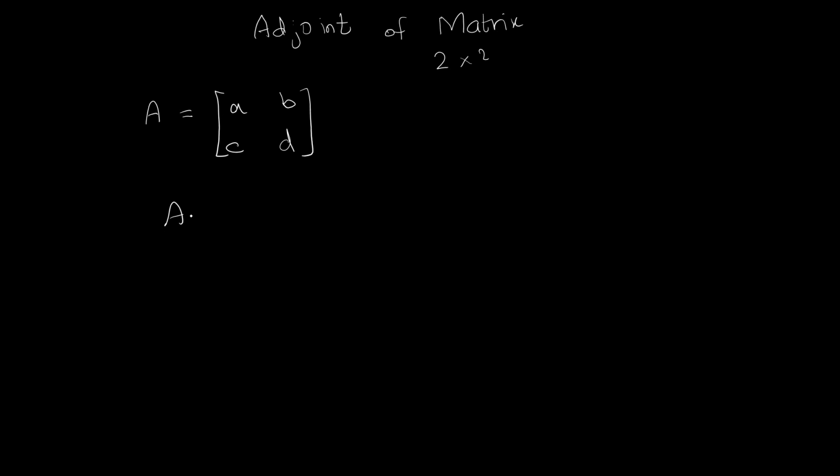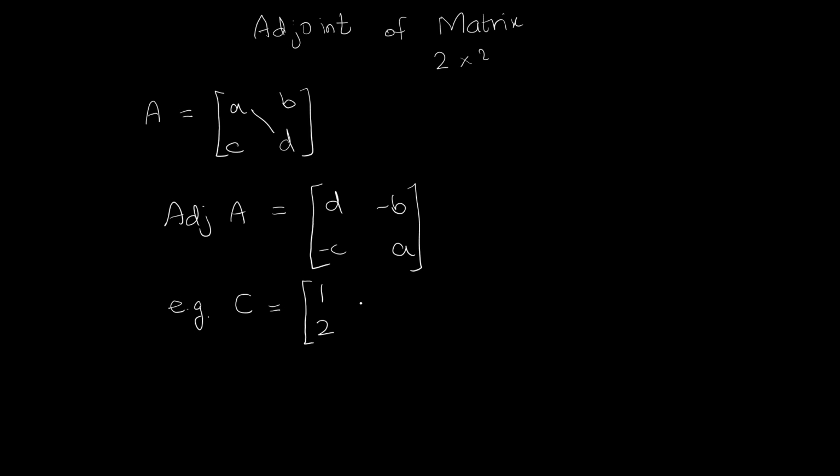So the adjoint of A is represented by adj A, and it's just that you swap the diagonal elements and change the signs of the other two. Then the adjoint of B would be equal to, we first change the positions of 4 and 1, and then change the signs of the remaining, -3 and -2.